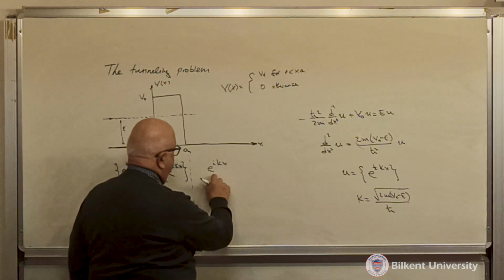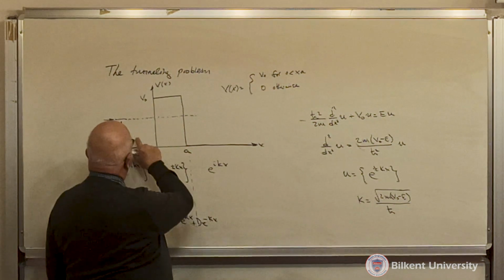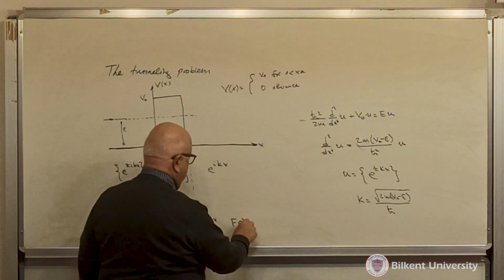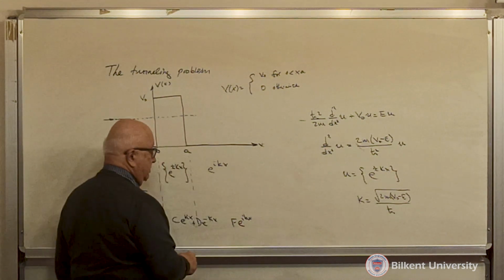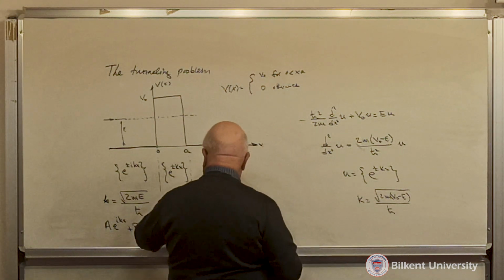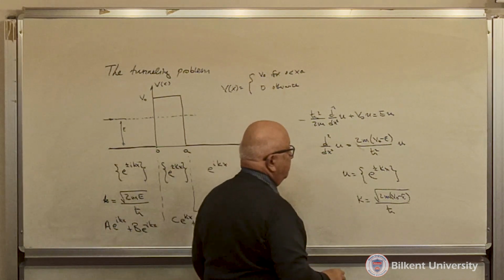And to the right, I have just this. Let me skip the letter e, not to confuse it with the energy, so I'll write it as f e to the ikx. Okay? So these are the types of solutions in these three parts of space.